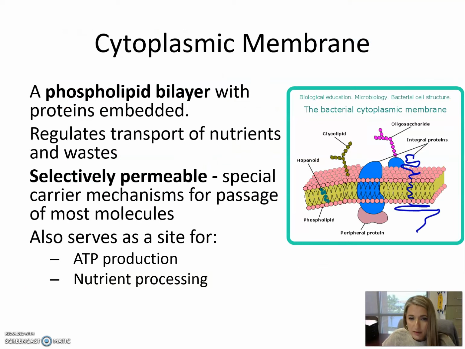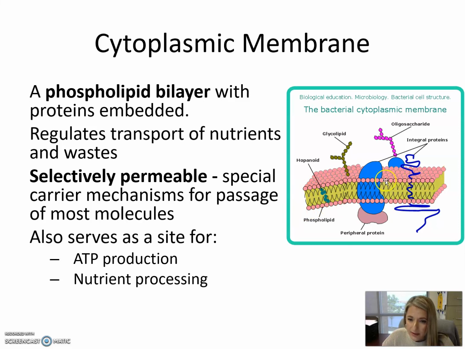So when we talk about the cell membrane or the cytoplasmic membrane, I do want you to know what it is composed of, which is the same thing that our cell membrane is composed of, and that's phospholipids. So the cell membrane, whether it's the inner cell membrane or the outer cell membrane in gram-negative bacteria, is basically composed of a bilayer or 2 layers of phospholipids.